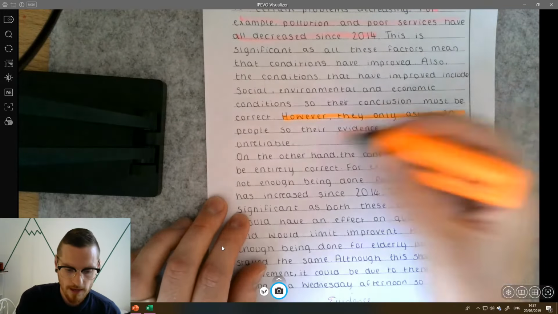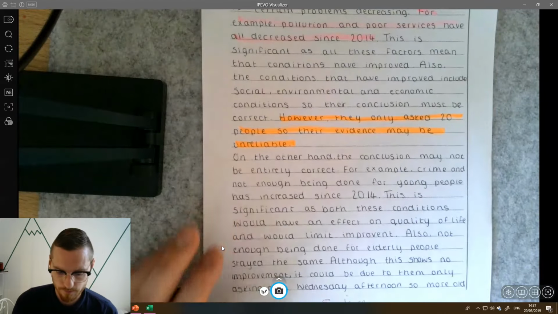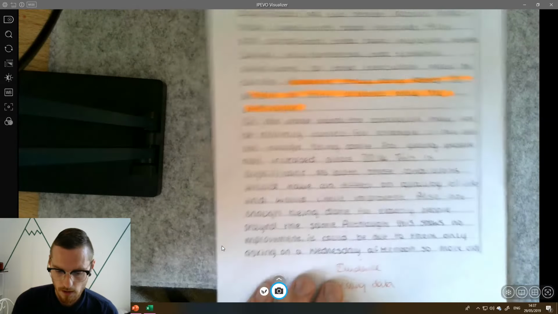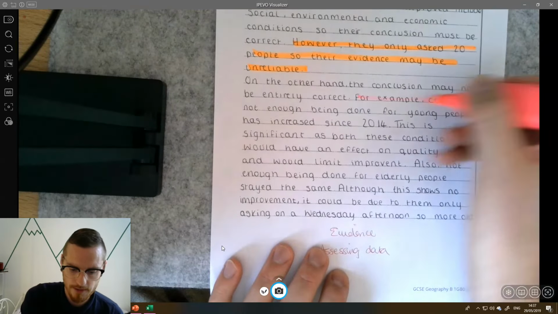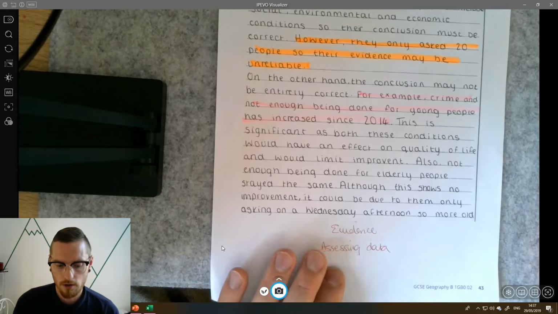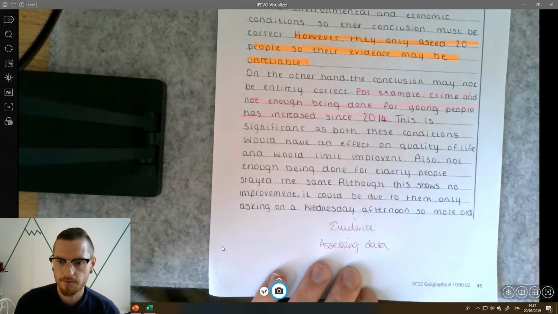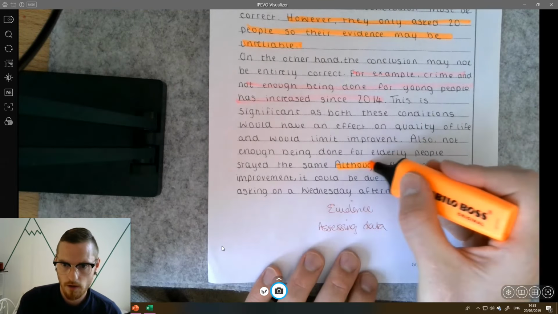However, they only asked 20 people, so the evidence may be unreliable. At the bottom here, you can see that they're picking out evidence from the resource about crime in 2014. And then they're thinking critically at the end here.